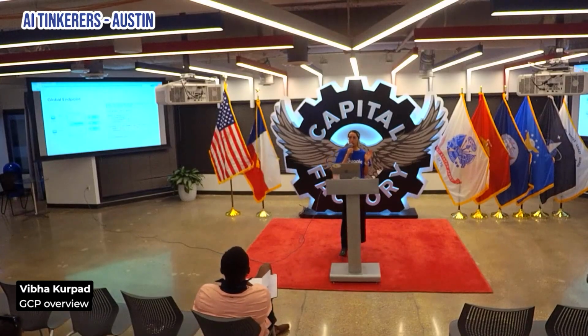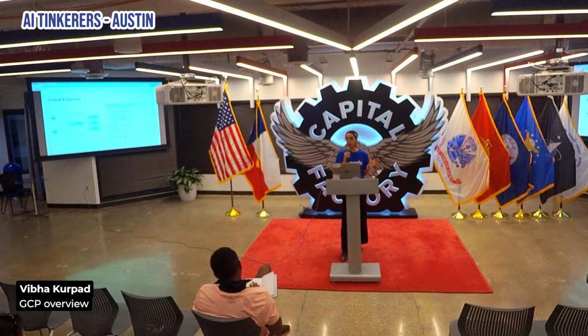Then we move on to global endpoints. A lot of Google and partner models available on Vertex AI are exposed as regional endpoints. The aim with global endpoints is to cover the entire world and provide higher availability. I'm sure a lot of you are familiar with the 429 errors, those pesky little errors.